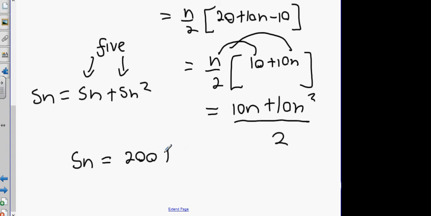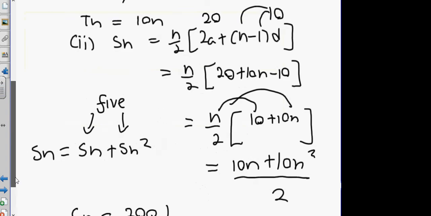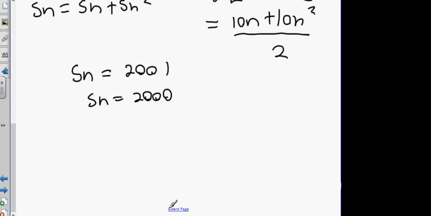Now, what do we know about this sequence? This sequence can never end in a 1. Why can it never end in a 1? Because it's 10 plus 20 plus 30 plus 40 plus 50. So in effect, we're trying to find out when S of n gets close to 2000. So we can say that S of n is 5n plus 5n squared equals 2000.